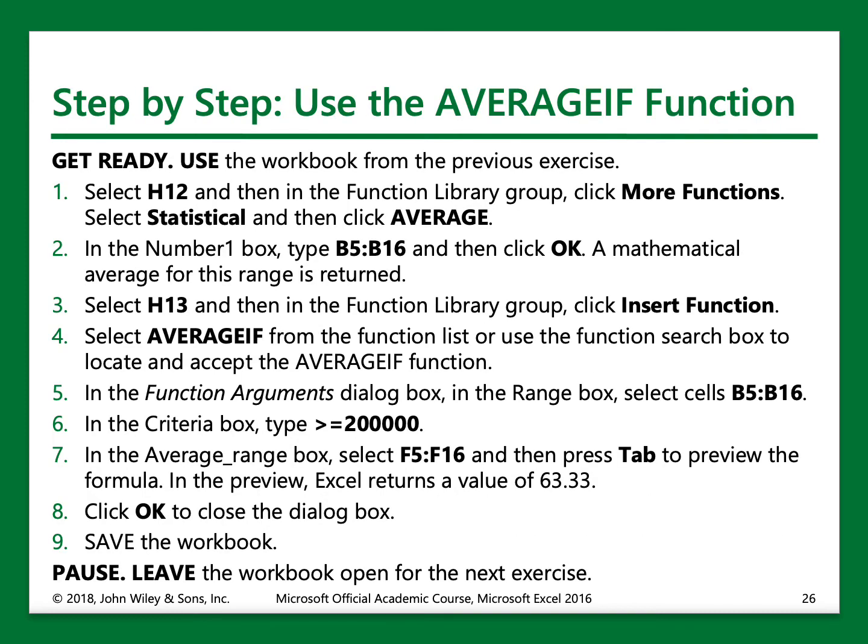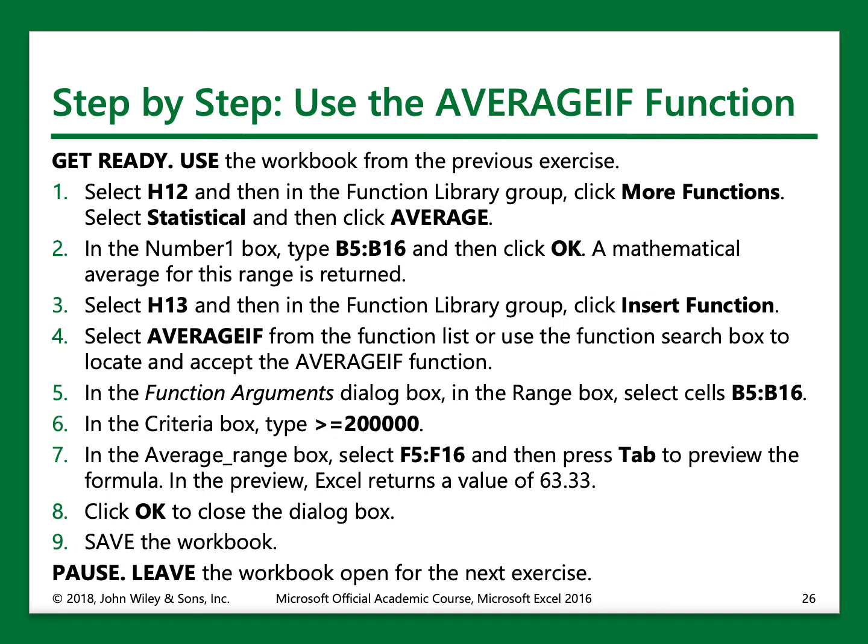So we're going to jump to the same workbook, cell H12. We're going to use the average function, but from the average group, we're going to use AVERAGEIF. Select H13 and then in the function library, go to insert a function and insert the AVERAGEIF function.